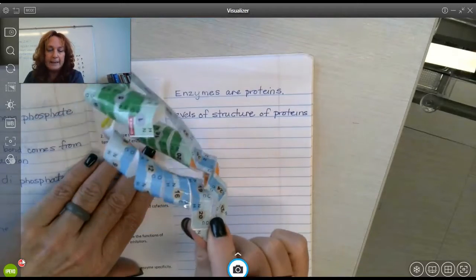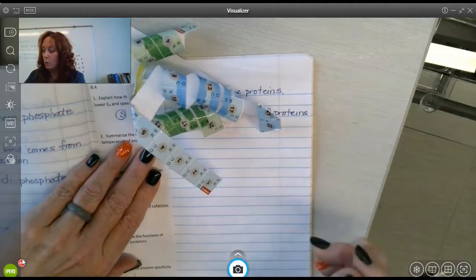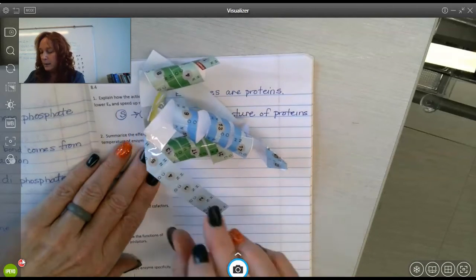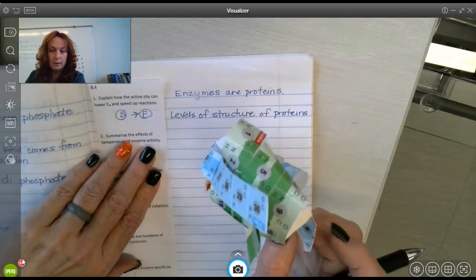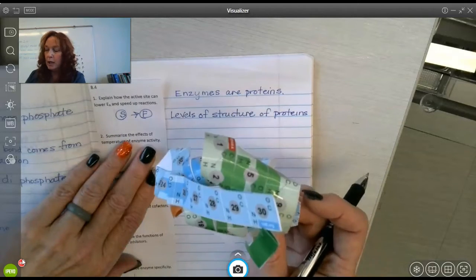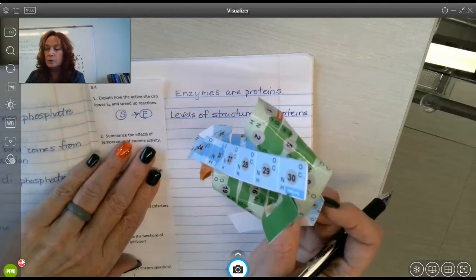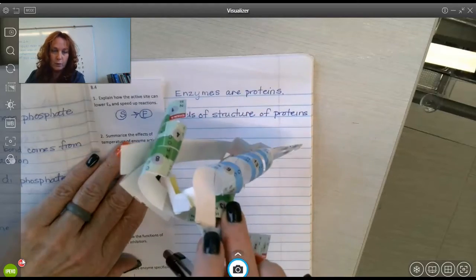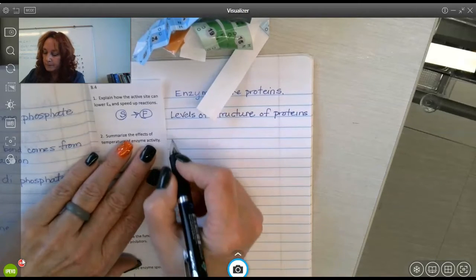When we have these, and they're just long strips. So the chain A was, I think, 21 amino acids long, and chain B was 30 amino acids long. Each one of those parts would be called a polypeptide because they have more than one peptide bond, and those would be your primary structure.